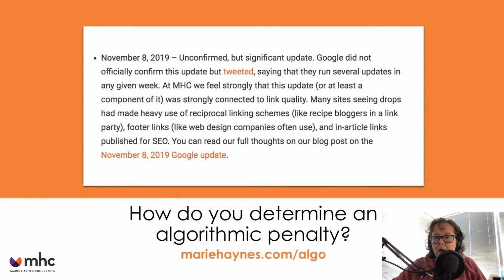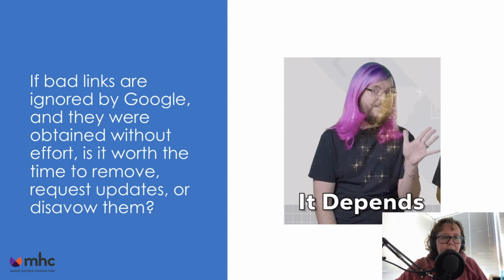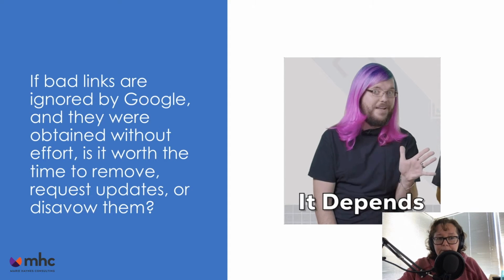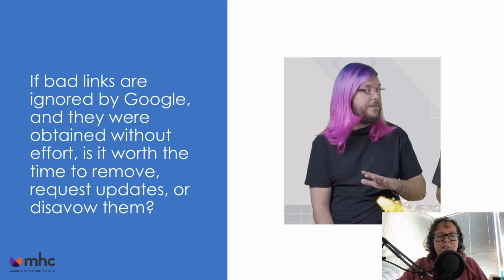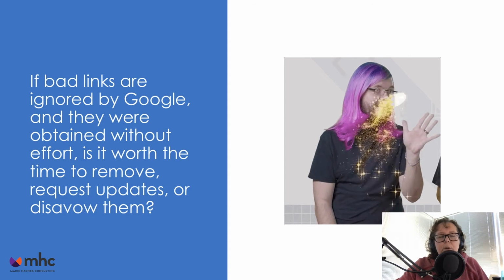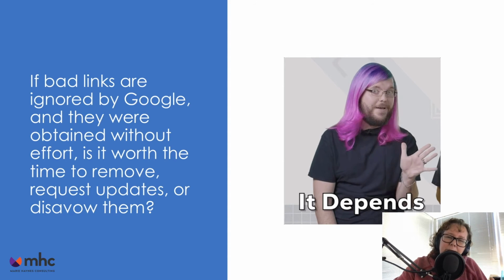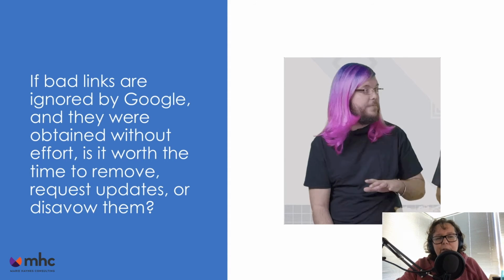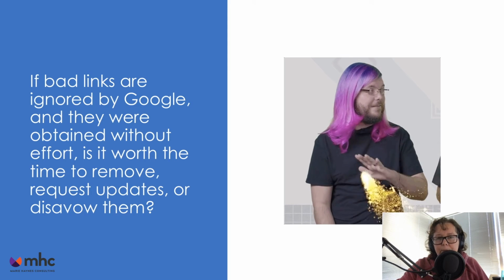Let's see here. If bad links are ignored by Google and they were obtained without effort, is it worth the time to remove, request updates, or disavow them? So I think I've sort of touched on this a little bit before, but one of the things to consider here is scale.